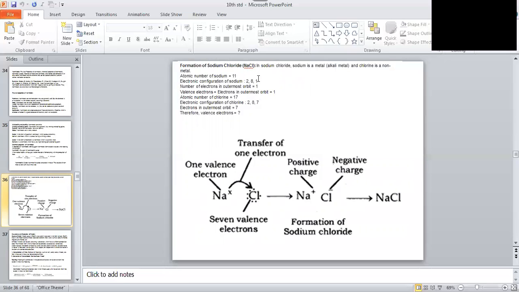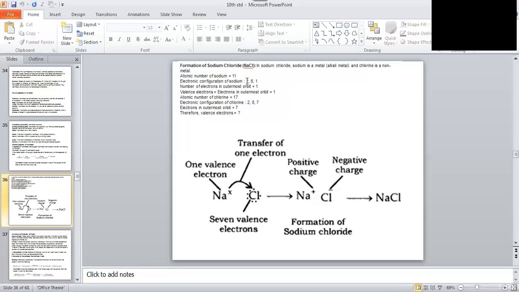So the electron configuration, the 11 electrons in sodium, are distributed like this: 2, 8, 1. We know the structure of atom: the atom consists of a positive central part, and it consists of first shell, second, third, fourth like this.